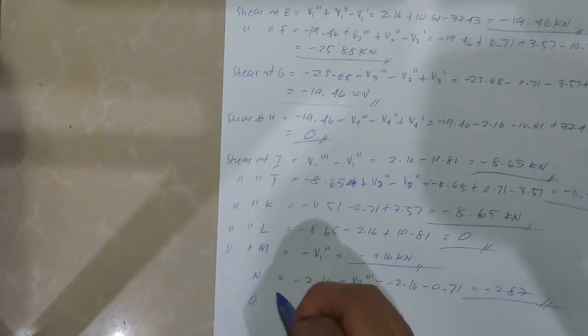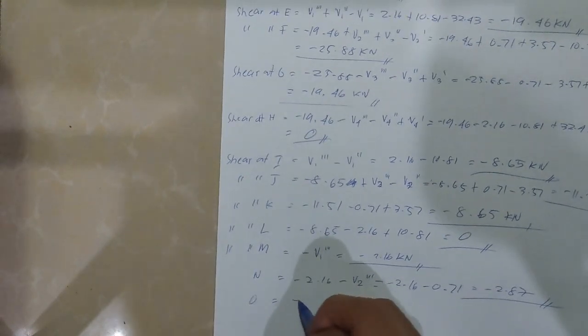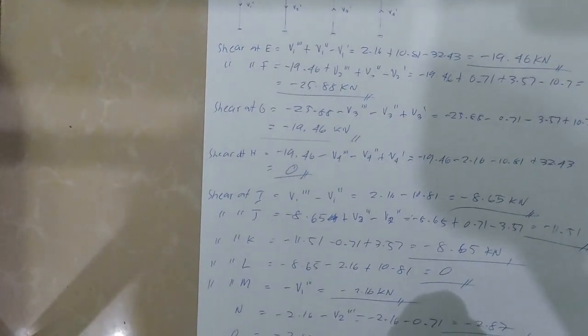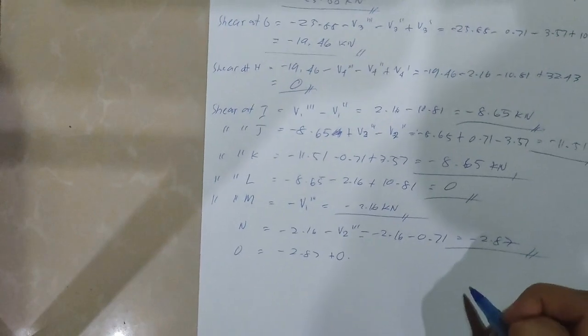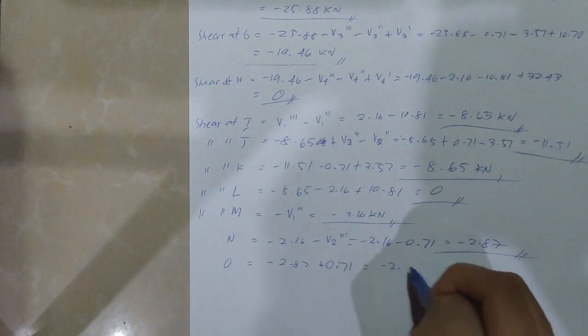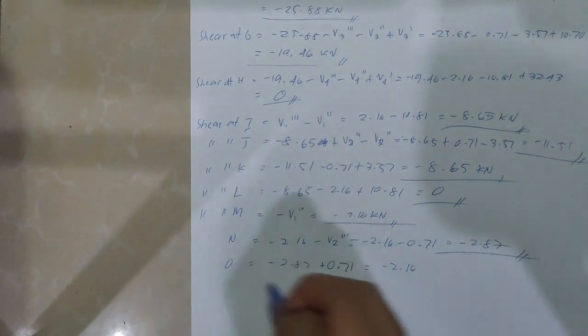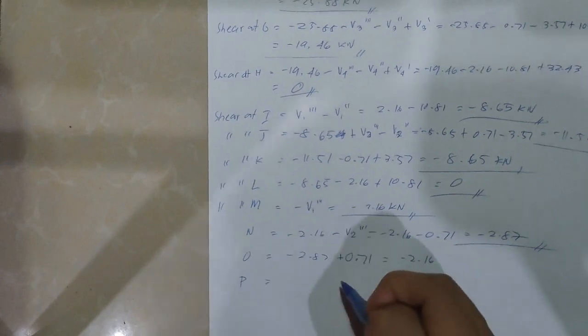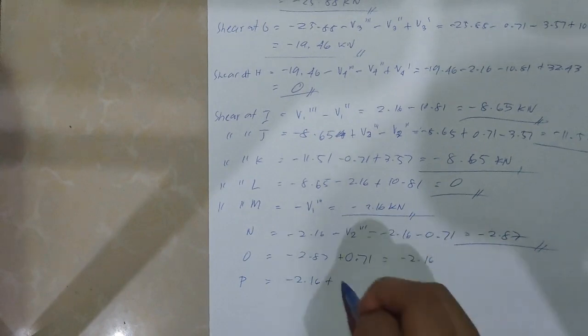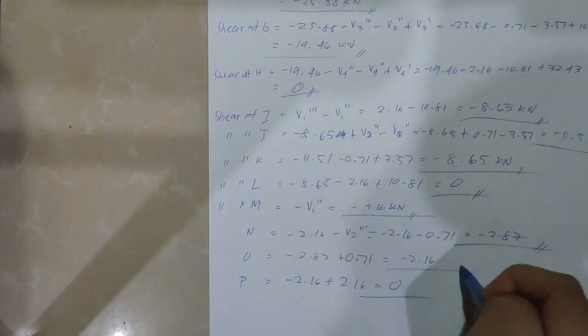Then at O, straight from 2.87, it is plus since the arrow is pointing toward the point, plus 0.71, which is equal to negative 2.16. So for the last, shear at P, negative 2.16 plus 2.16 equals 0.